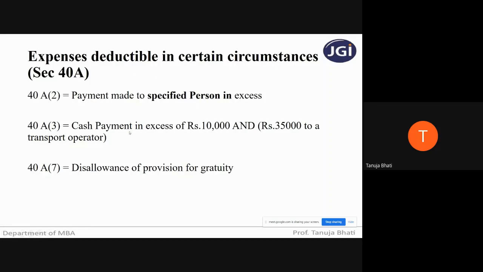Next is cash payment in excess of 10,000, and 35,000 to a transport operator. Now, government wants to eradicate or completely remove cash transactions.